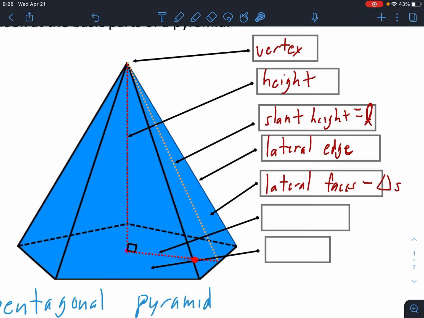This is a word from our past that we've used a lot in chapter 9 with area. This is our apothem. And finally, the last one is pointing towards the pentagon. So the pentagon is our base. For pyramids, there's always only one of those bases. Whatever shape it is, there's only one base.